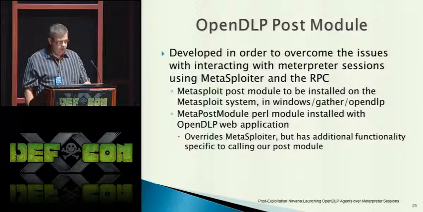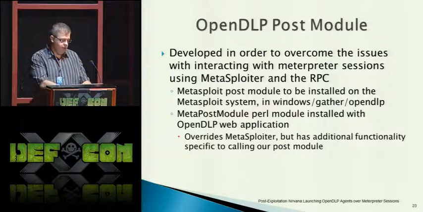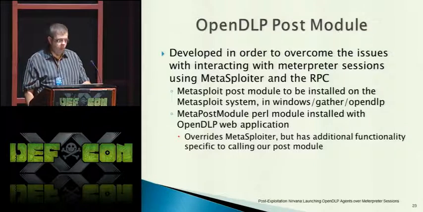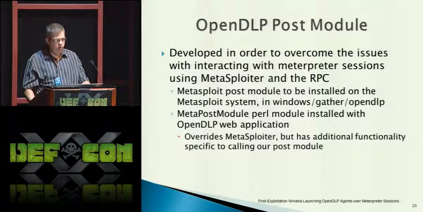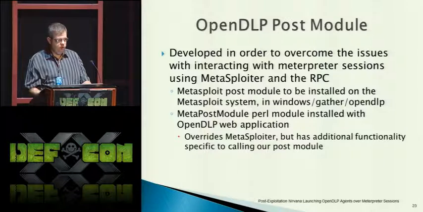I created this module, called it opendlp.rb, written in Ruby, and it's installed in the Windows Gather directory. I also created a Perl module, which interfaces with this Ruby module. The Perl module is obviously installed on OpenDLP, and the only purpose of it is to connect to the Metasploit Ruby module.